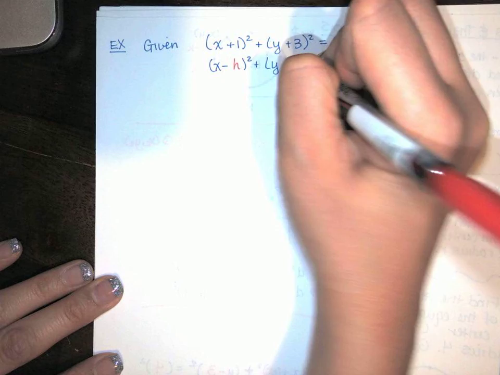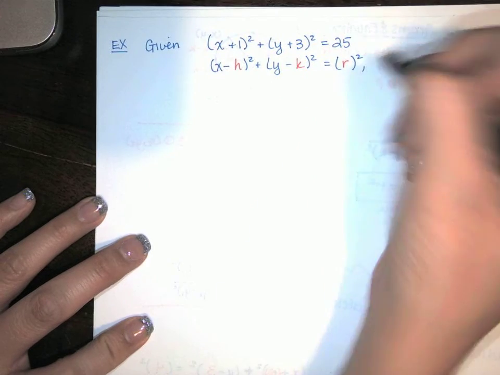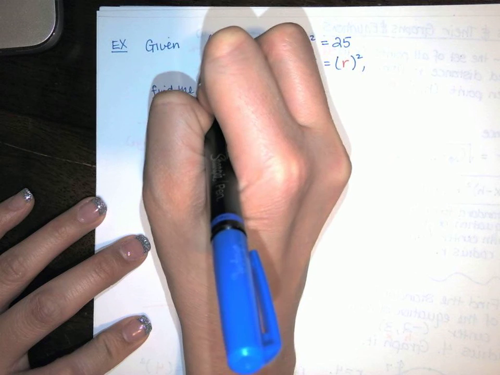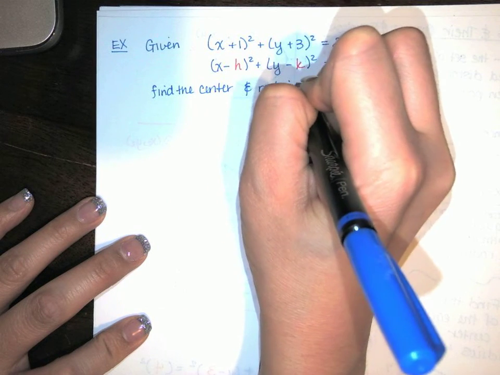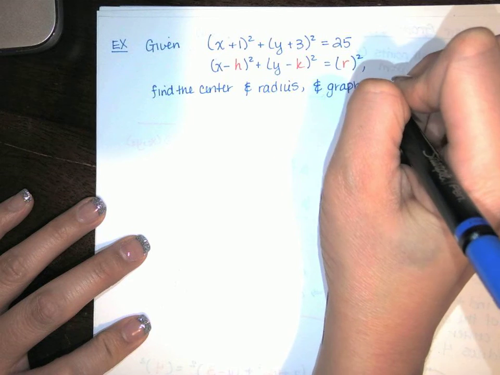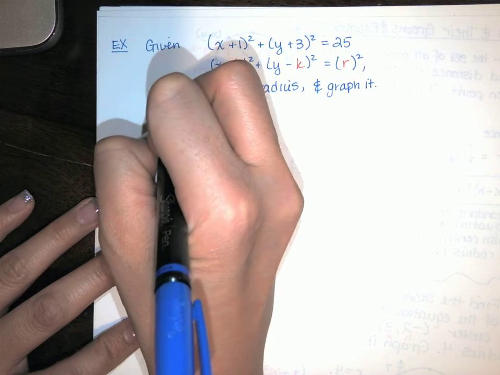There's my h, my k, and my r. You might be asked to find the center and radius of the circle and then graph it. Well, that's easy enough. The center is given by h, k.